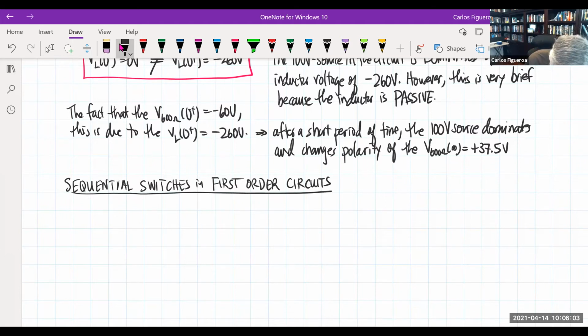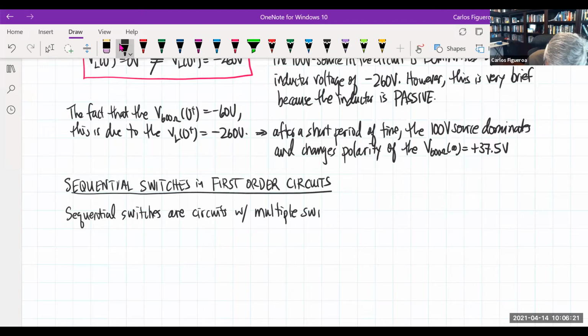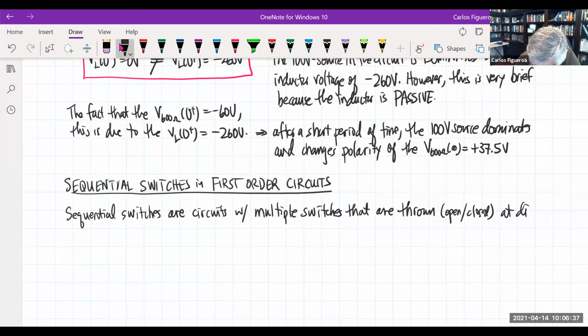So sequential switches are circuits with multiple switches that are thrown open/closed at different times.